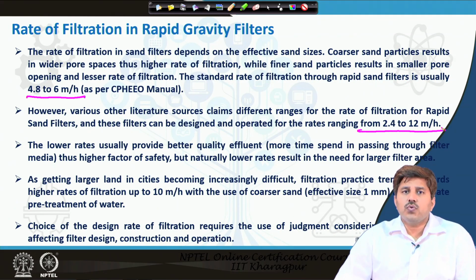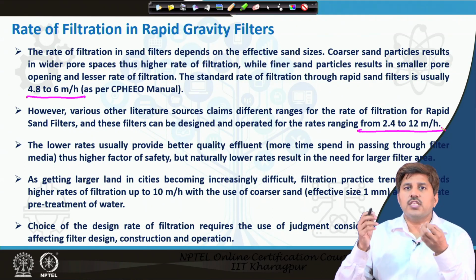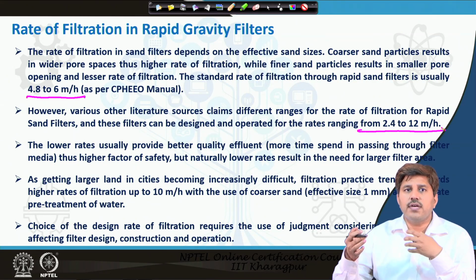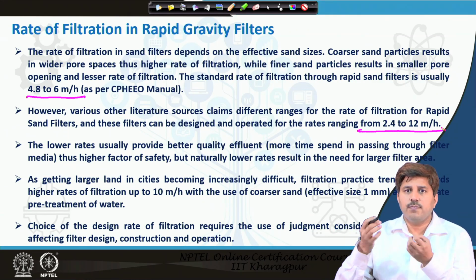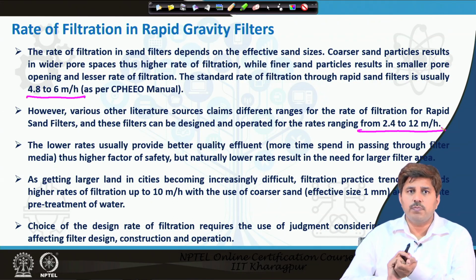The lower rates usually provide better effluent quality. Why so? Because lower rate means we are working with smaller sand particles, and the water is spending more time passing through the filter media. The sand sizes are smaller, so the pore spaces are smaller, retention is going to be better, and so efficiency would be better.